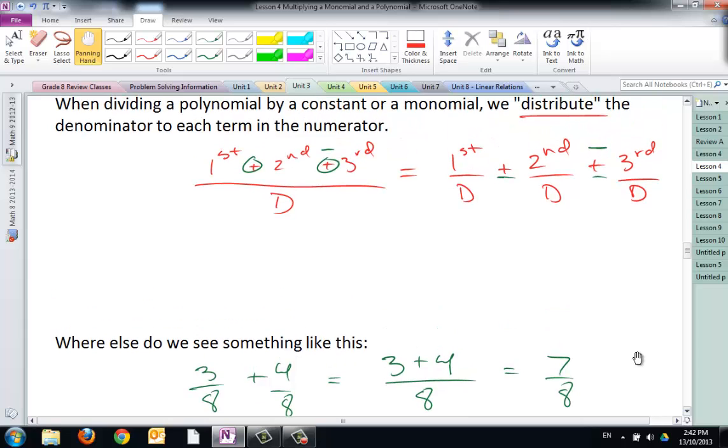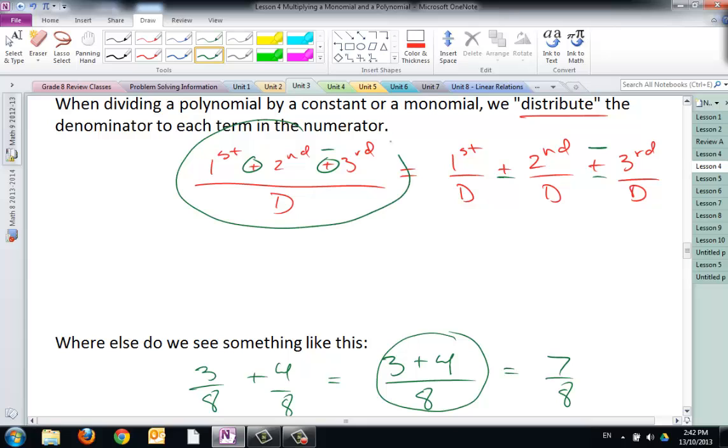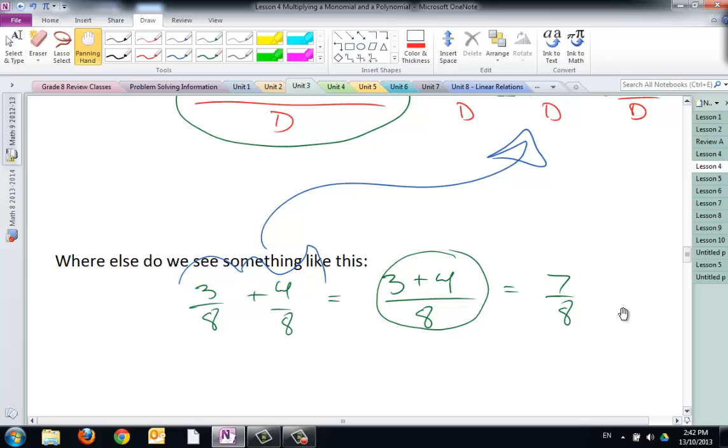Well, take a look at this for a second. This stage right here is kind of like what we have here. When I start at this, that's kind of like what I've got there. So it's sort of like adding or subtracting fractions, just in reverse. That's the concept that we're going to employ here.